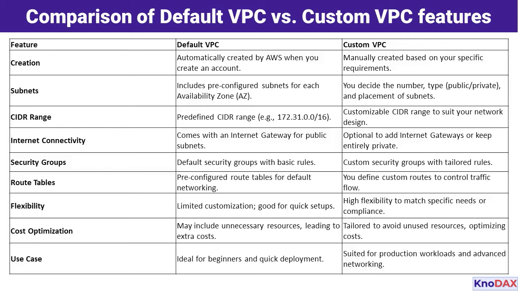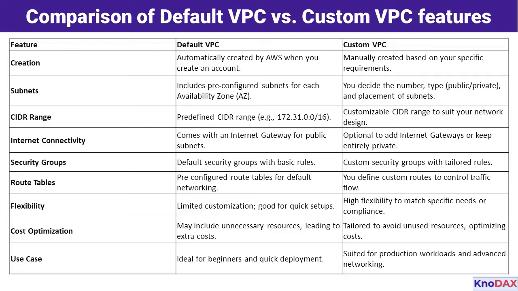Let's take a closer look at the comparison between default VPC and custom VPC to understand their features and when to use each. First, let's talk about creation. A default VPC is automatically created by AWS when you set up a new account, providing an out-of-the-box network. On the other hand, a custom VPC is manually created to meet specific requirements, giving you more control. Subnets.